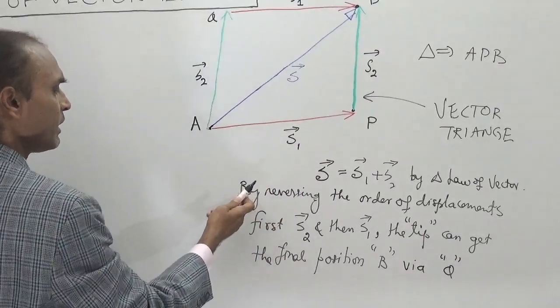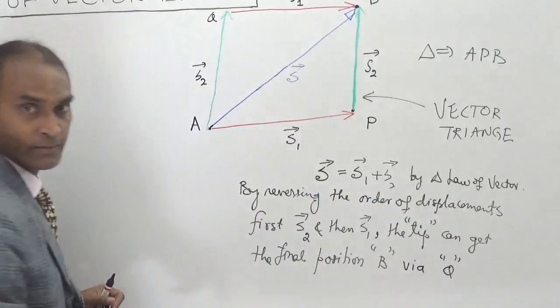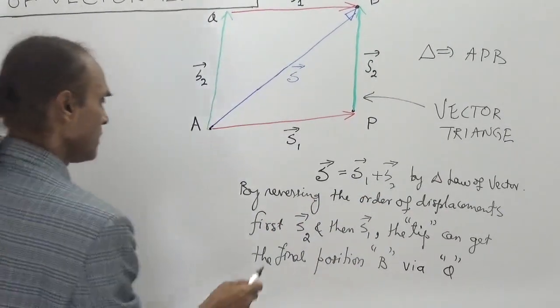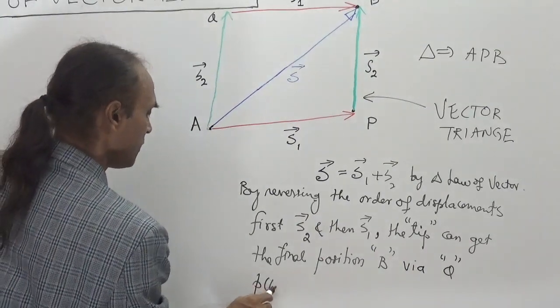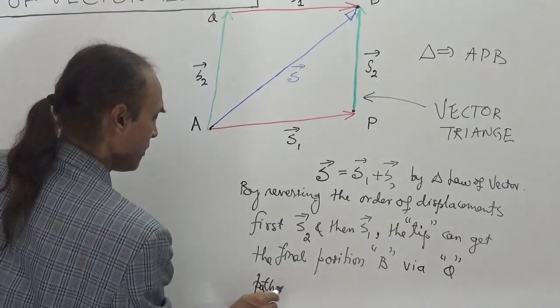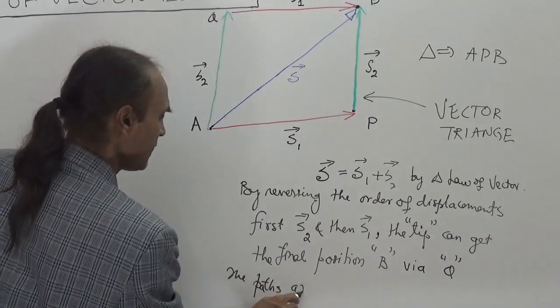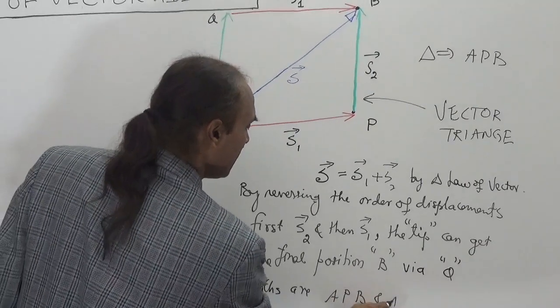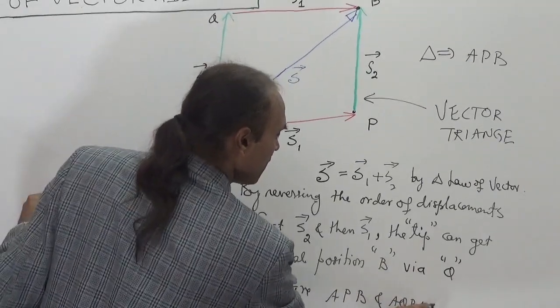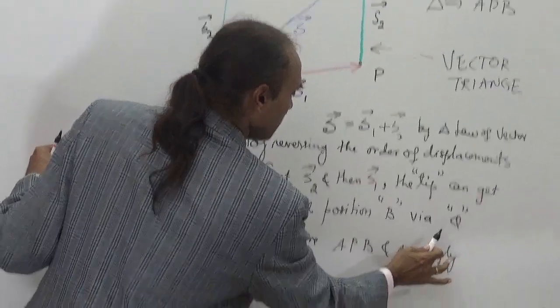Therefore, by reversing the order of displacement, we have two paths. The paths are APB and AQB respectively.